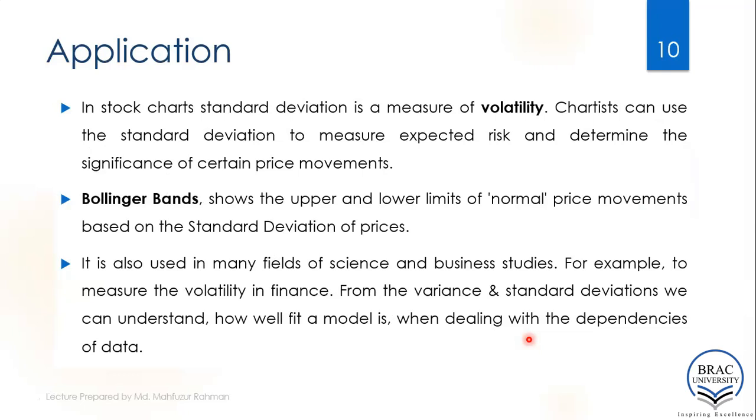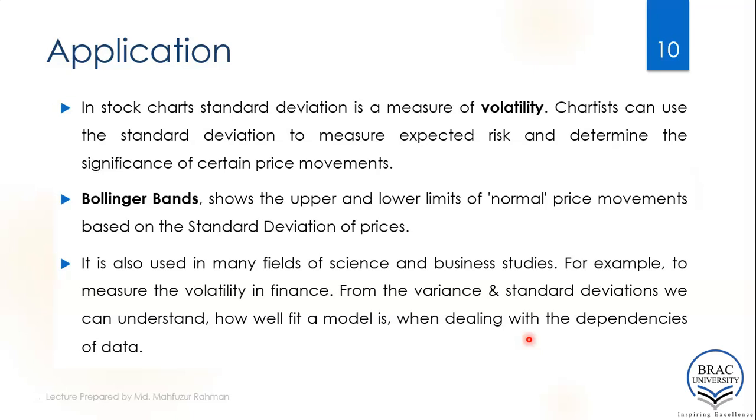In stock charts, standard deviation is a measure of volatility. Now, what is volatility? In simple words, volatility is up and down market movement. High volatility brings uncertainty and scariness to people, and low volatility gives a more stable situation.